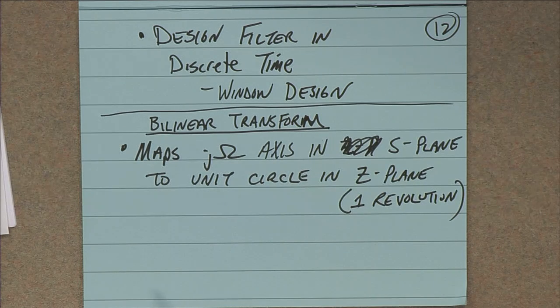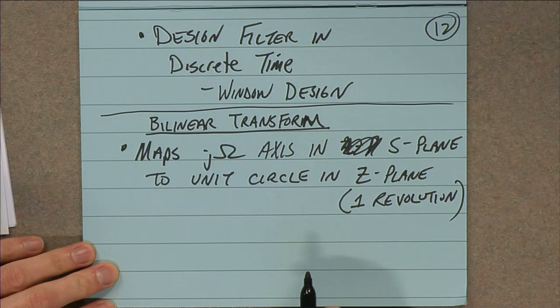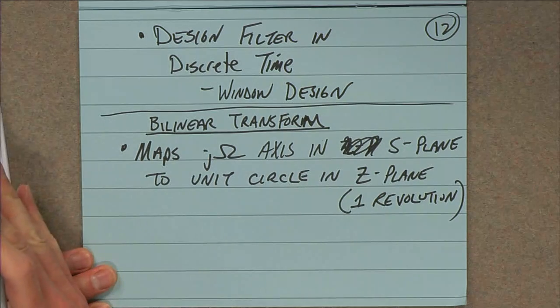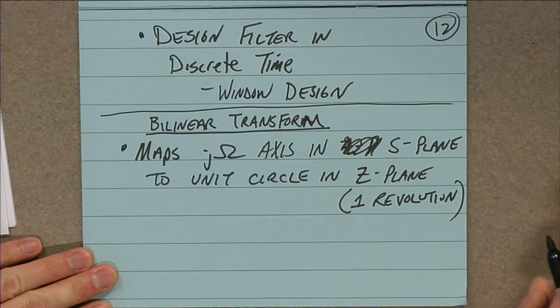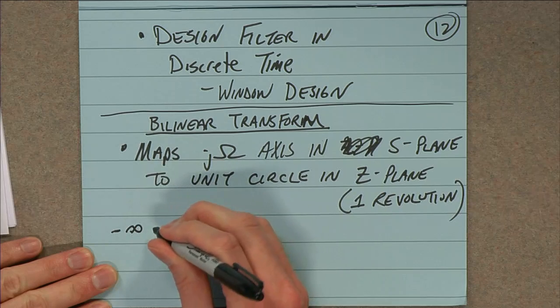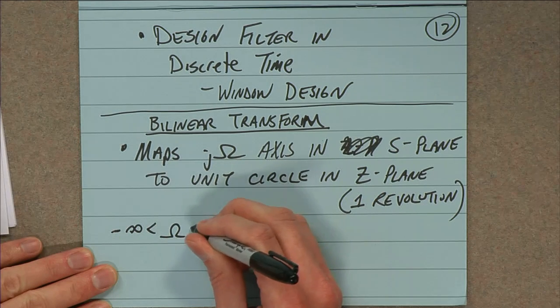Well, it turns out that it also maps everything in the left half plane inside the unit circle, which is good because remember, if you had poles inside the unit circle, that meant several things, right? You could have a stable system. You'd have a system that would have a Fourier transform. So it's kind of nice that stable systems in the S-plane will map into stable systems in the Z-plane. But there's a price to be paid and a few warnings.